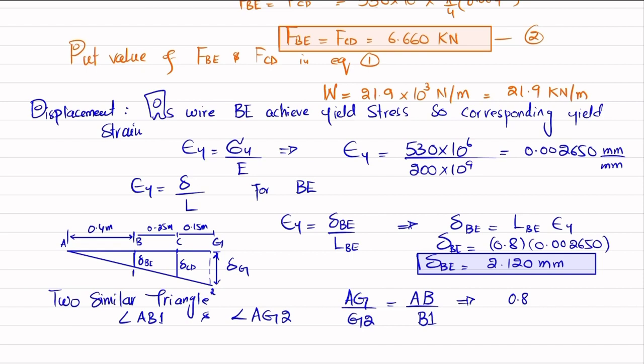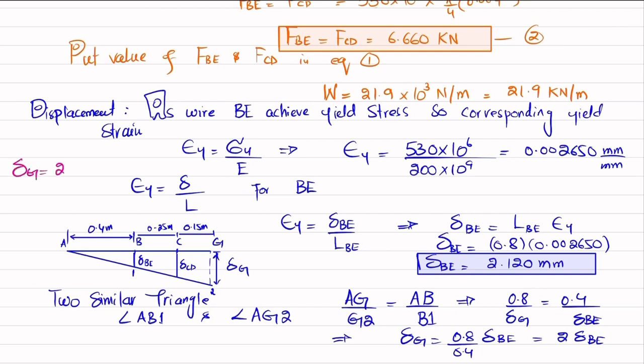So 0.8 divided by delta G, G2 is delta G, that will be equal to 0.4 divided by delta BE, clear. So from here we will get delta G will be equal to 0.8 divided by 0.4 into delta BE, that is equal to 2 times delta BE.